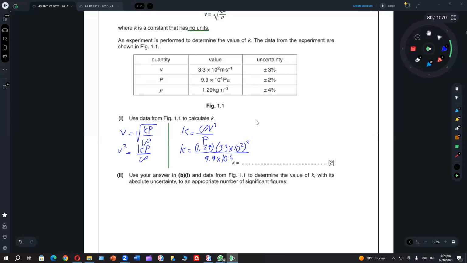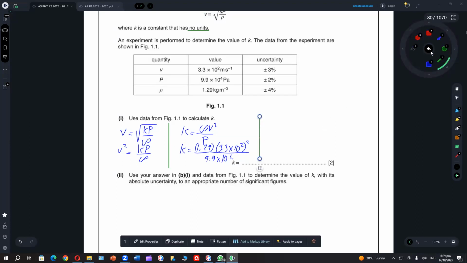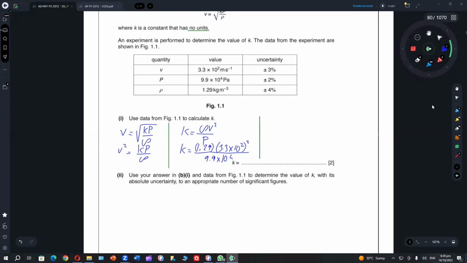He's not asking to put uncertainties in part one. And you can always look at part two, because normally uncertainties he gives in the second part. So please solve this part, find the value of K and let me know.